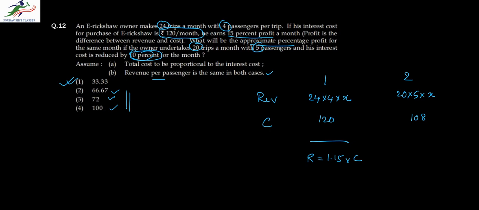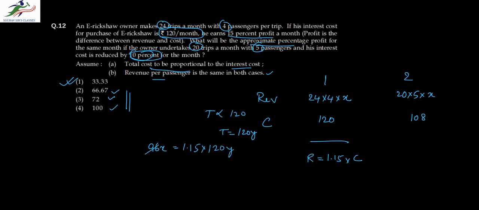So revenue earned is 96x, and the interest cost is 120, but the total cost, which is said to be proportional to the interest cost, let the total cost be T, is proportional to 120. So T would be some constant into 120, so 120y. So 96x is equal to 1.15, that is 15% more, of the total cost, which is 120y.